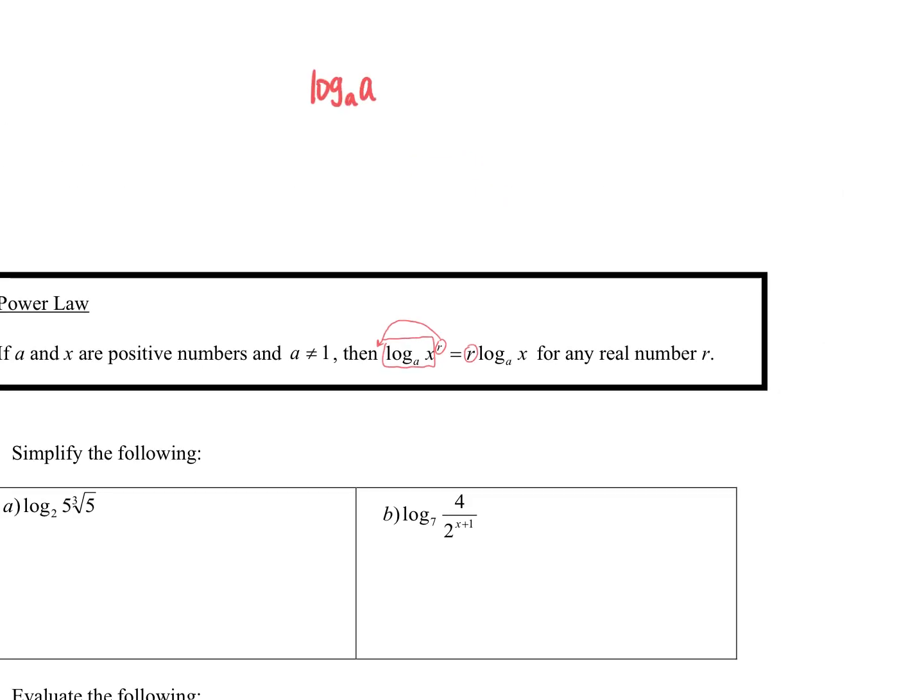If the base and the number inside are the same, it is 1. If you apply log to 1, it is 0. So now, if you have a power, it doesn't matter whether these two are the same or not. You can always bring the power down as a constant to multiply in front. Okay, so this is the third rule, the power law.